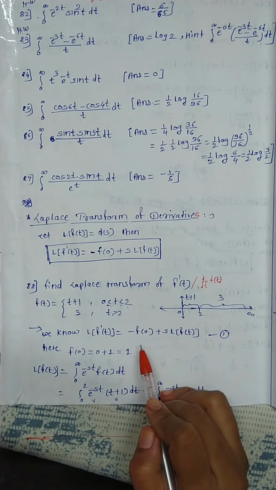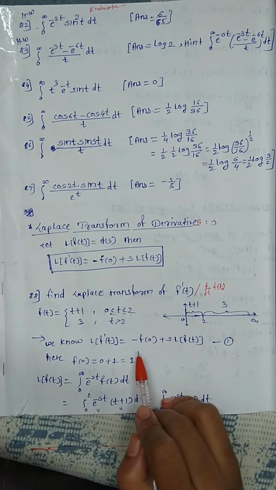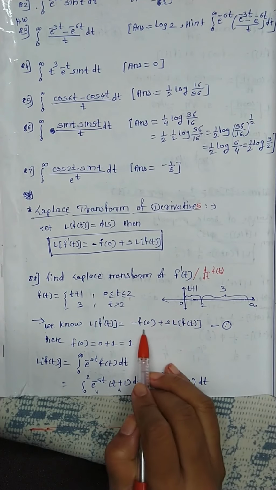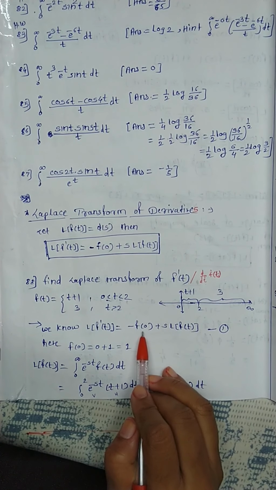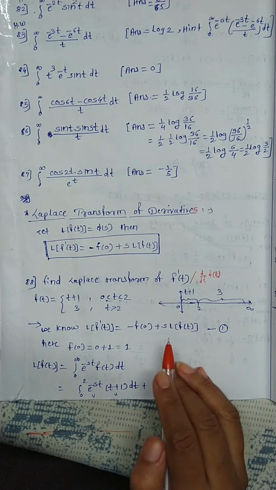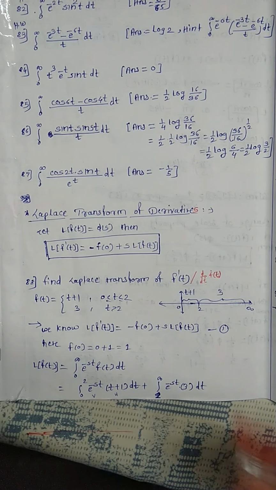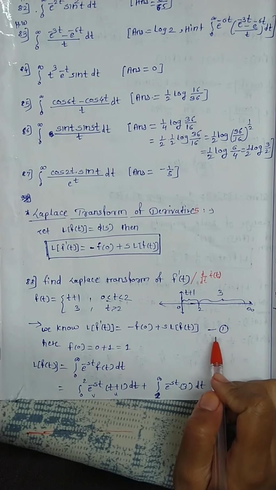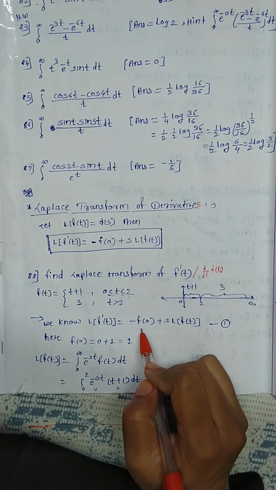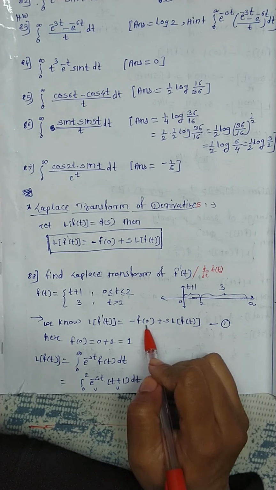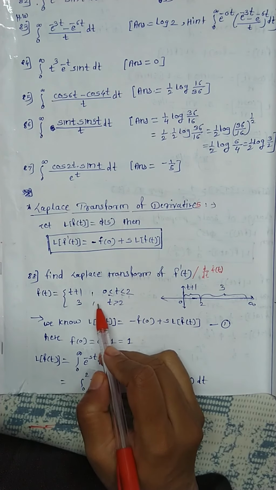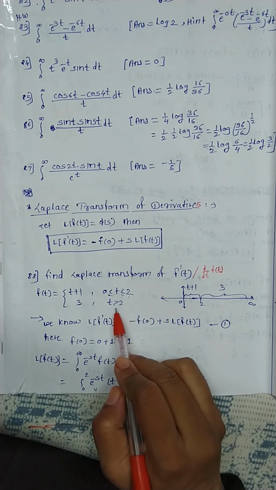First step of this answer must be the formula. Here L of f dash t is equal to minus f of 0 plus s into L of f of t. Call that equation number 1. That is the original formula. Here we are going to use that. And first in this formula let us calculate f of 0. What is f of 0 means? Here f of t is there. What are the t values, from 0 to infinity?